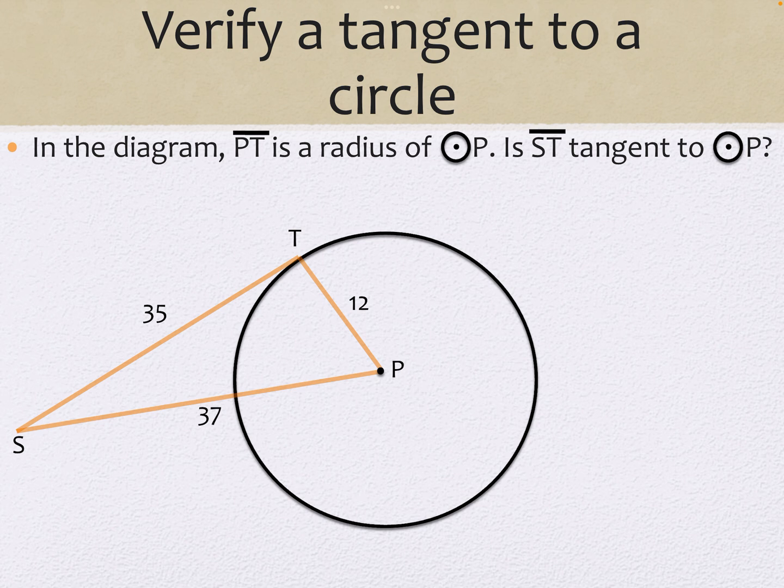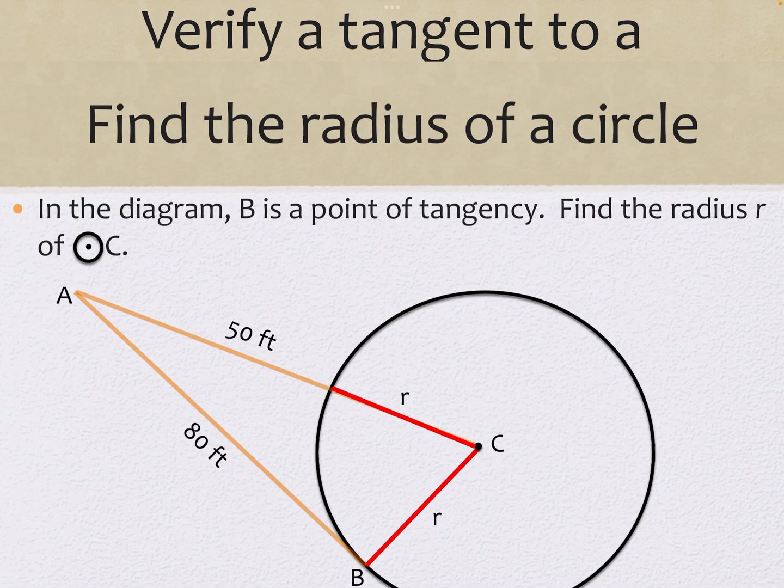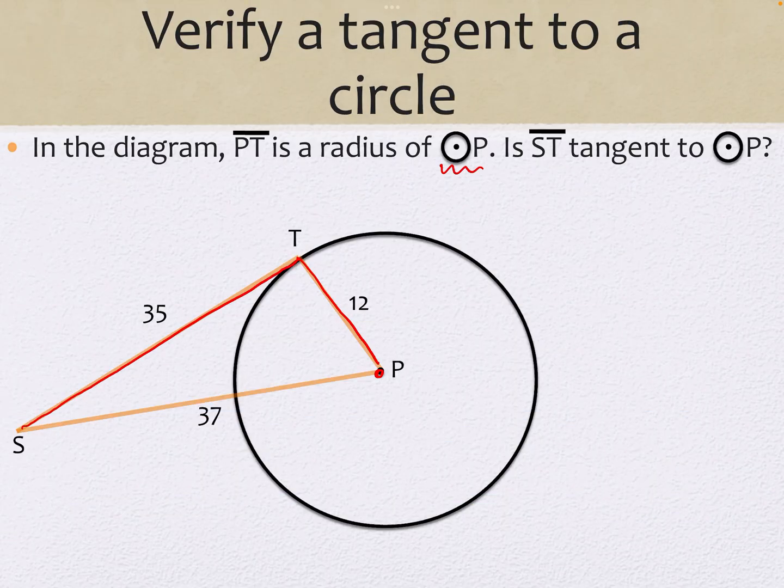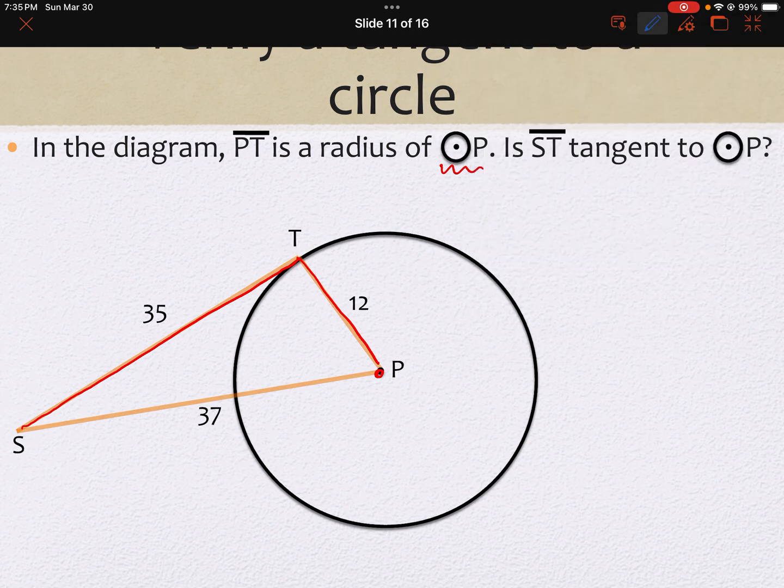Just when you thought you were done with triangles, you're not. Verify a tangent to a circle. In this diagram, segment PT, that's this guy, that's definitely a radius of circle P. And notice how it's telling you it's circle P, so P is the center. Is segment ST tangent to circle P? So in other words, is this triangle a right triangle? Okay, so this is really the problem here.